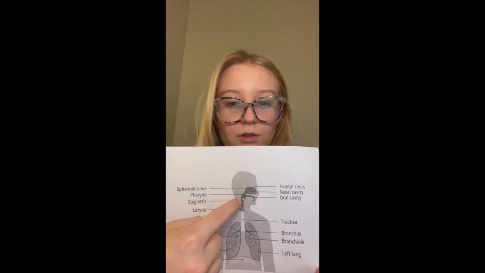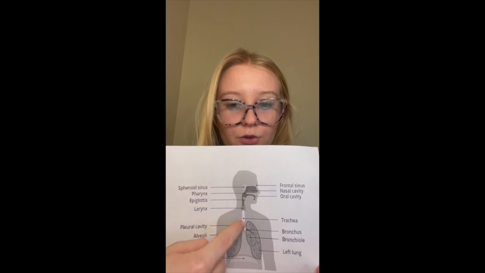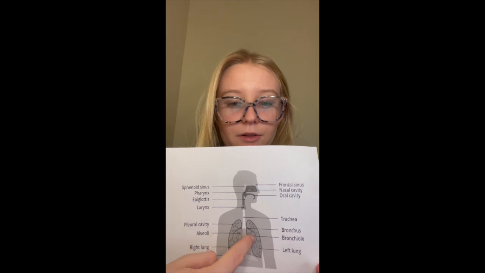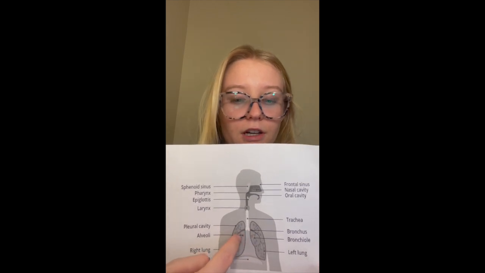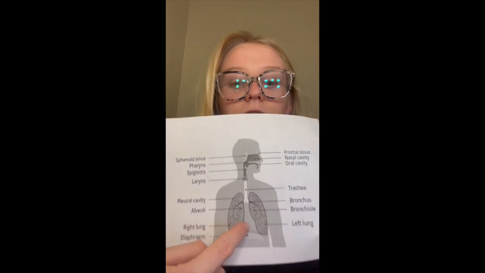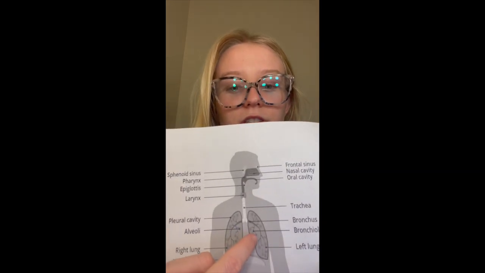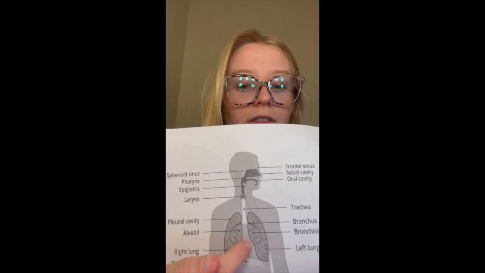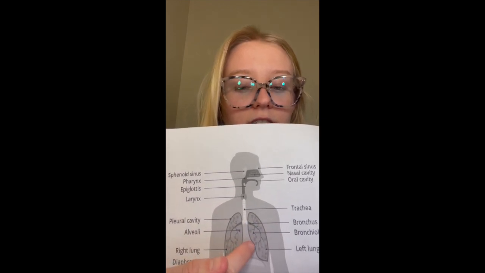It's going to travel down the windpipe into the trachea, and then it is going to enter the bronchi, which are these two big larger offshoots off of the trachea. From there, it's going to filter into the bronchioles, which are these little offshoots off of the larger ones, and then end up in the alveoli, which are these little dots at the end.